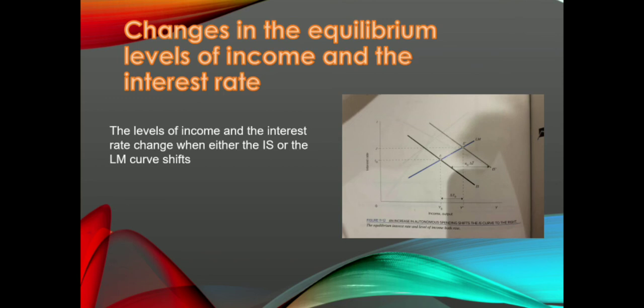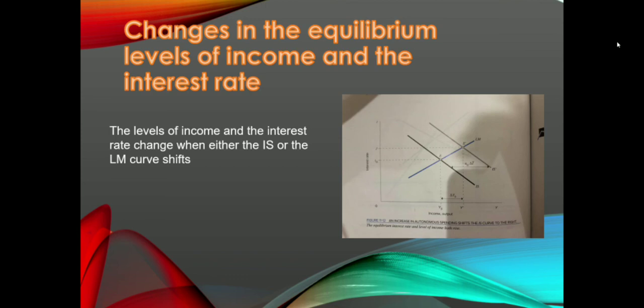Such an increase in autonomous spending A shifts the IS curve to the right. That results in a rise in the level of income and an increase in the interest rate at point E.